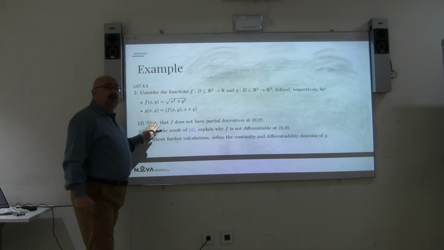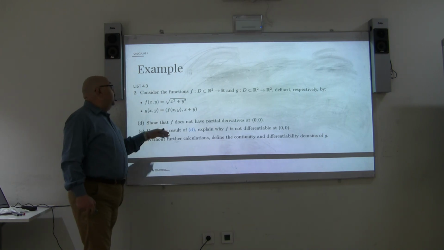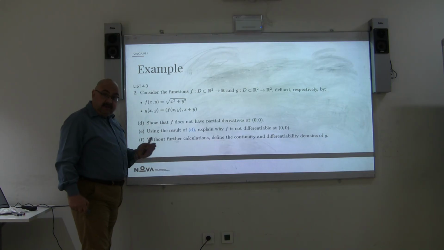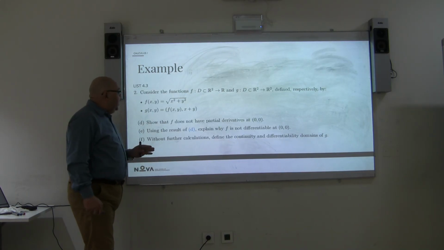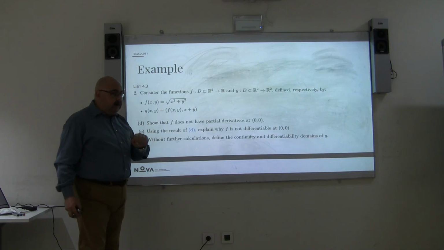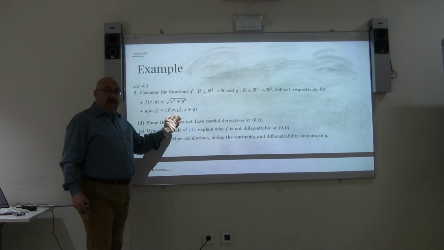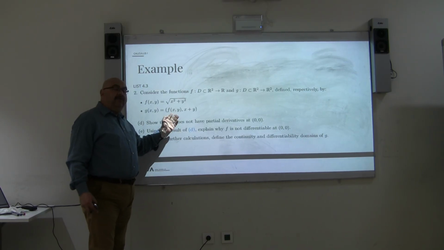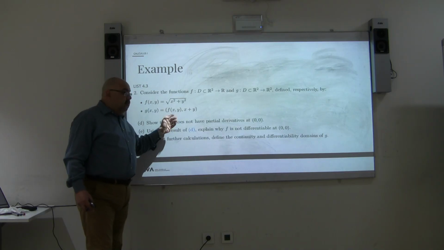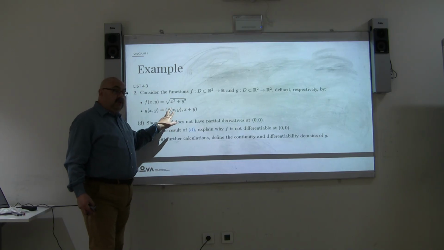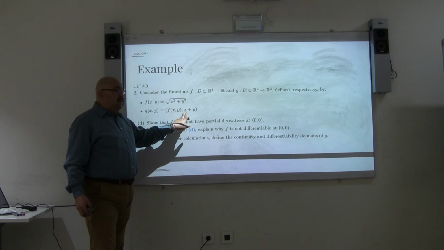This problem is very nice, and as you can see, it covers the parts that we went through. Also, if you remember, for the function g of x and y, running from R2 to a vector valued function in R2, the first component of your vector function is the root of x squared plus y squared, and the second component is x plus 1.